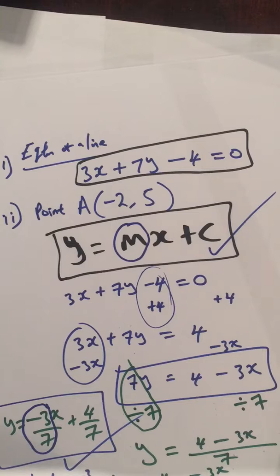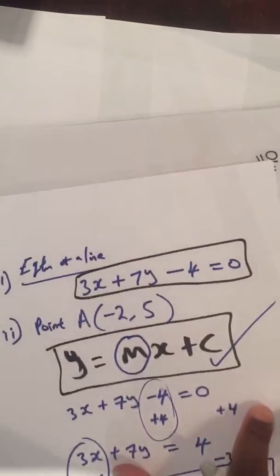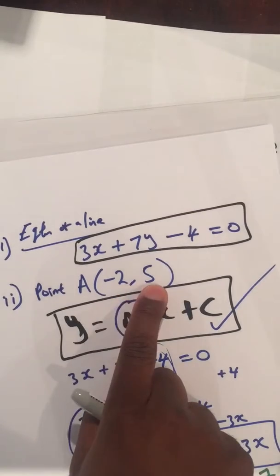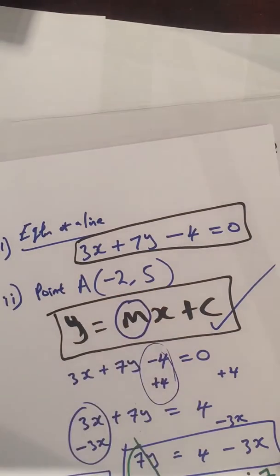What will be the gradient of a line that is parallel to it? Or if I've given you this equation of a line, and now you've worked out what the gradient of that line is, if I tell you that another line is perpendicular to this line, but passes through this point, how would you be able to give me the equation of that second line?